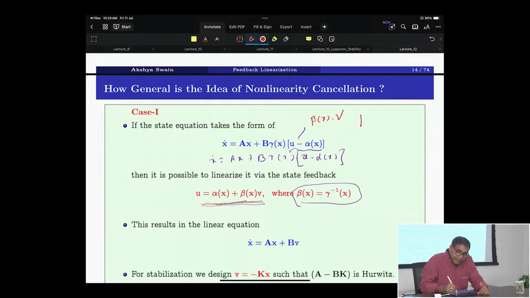Now beta x into gamma x is equal to identity, because beta is characterized by gamma inverse. So naturally, if the system is in this form and you are using a controller like this, it will convert it into this one.